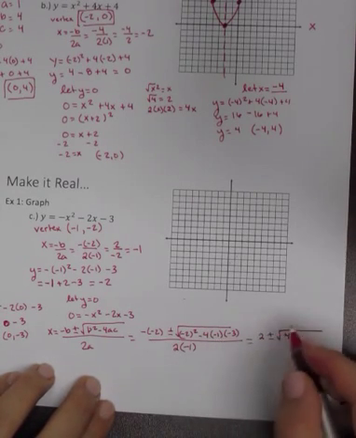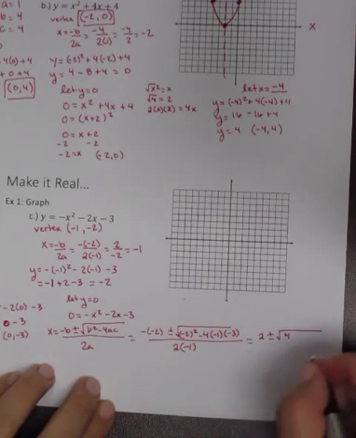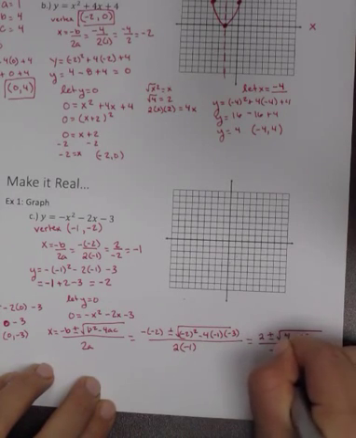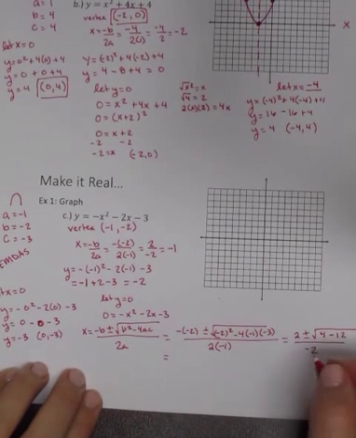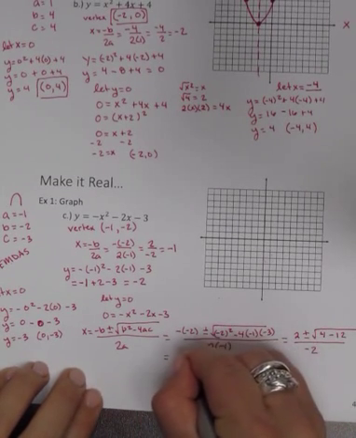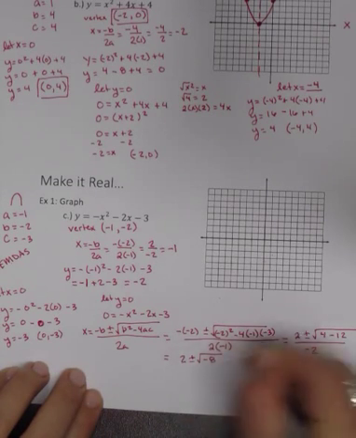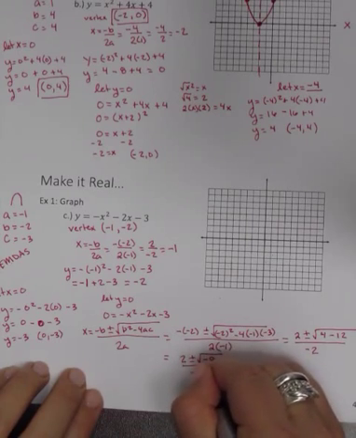Negative 4 times negative 1 is going to be a positive 4. Positive 4 times negative 3 is going to be negative 12 over negative 2. Alright, so if I continue to clean this up, then I've got 2 plus or minus the square root of negative 8, because 4 minus 12 gives me negative 8 over negative 2.